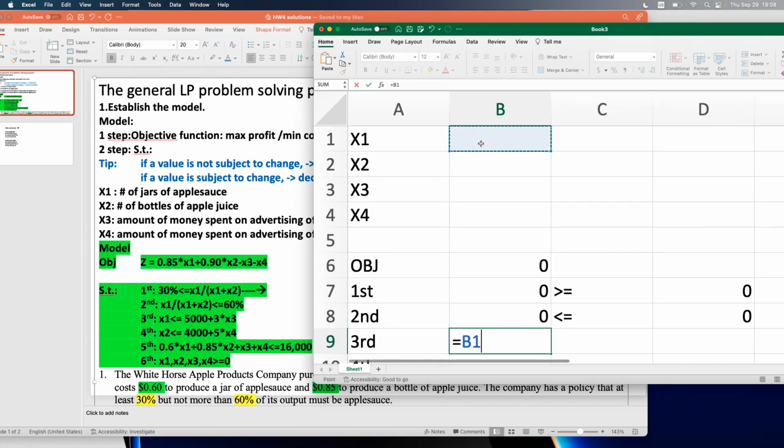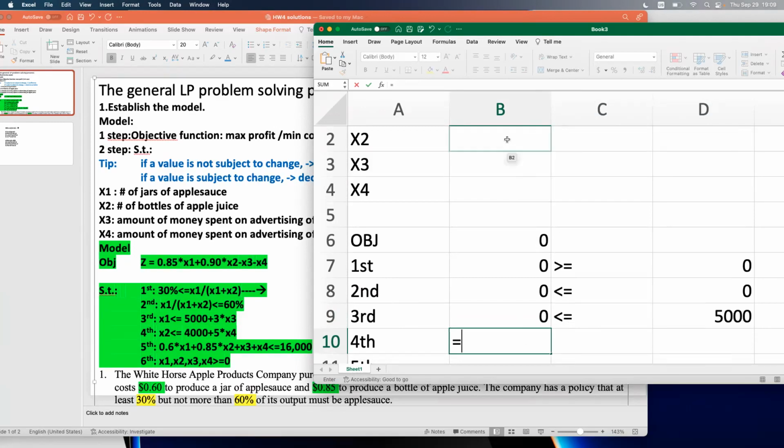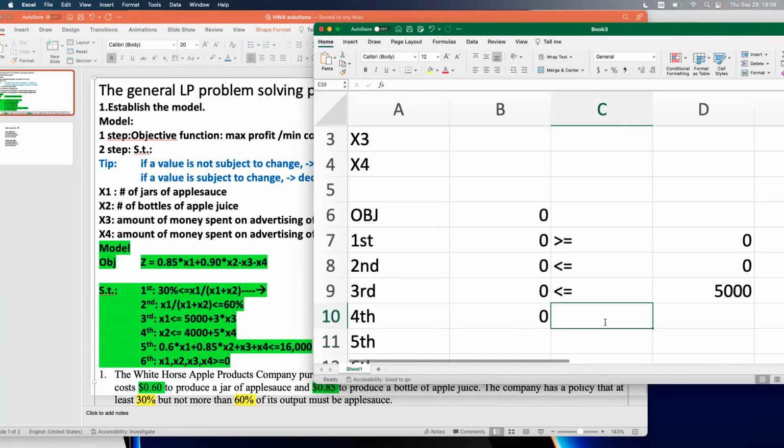So that's going to be x1 minus 3 times x3, and this value should be less than or equal to 5,000. Same thing for the fourth: we got x2 minus 5 times x4. So this value should be less than or equal to 4,000.